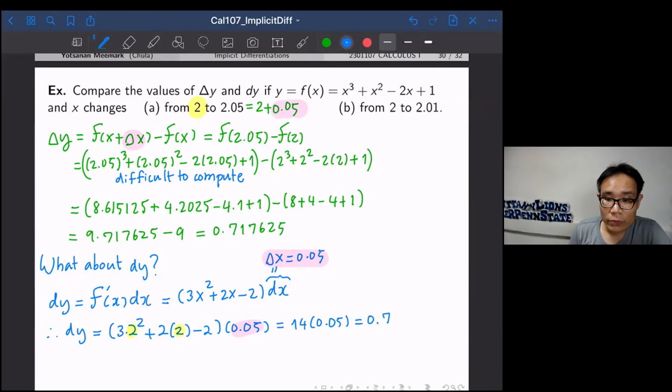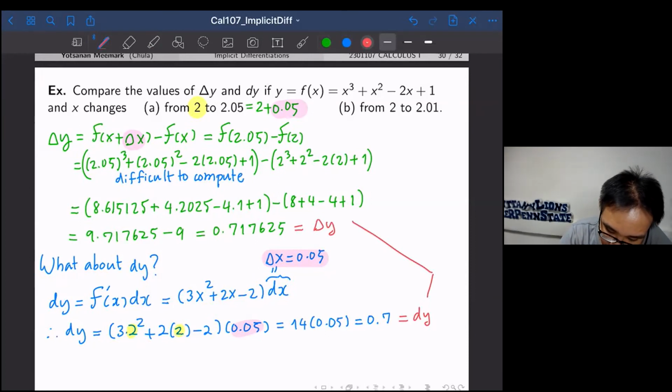So you see delta y and dy, and these two are very close to each other. At least 3 digits, basically, with the first 2 digits correct. It's 0.71 and 0.7, so this gives you a good approximation.